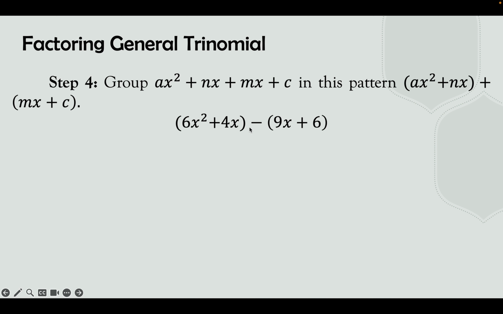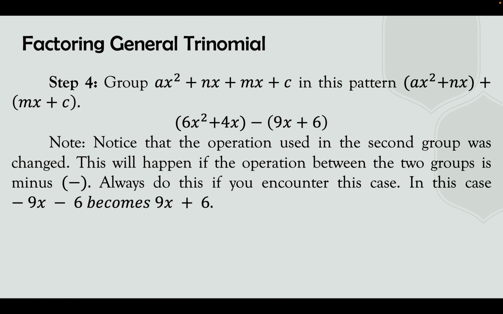Next, step number 4, we need to group ax squared plus nx plus mx plus c in the pattern ax squared plus nx, plus mx plus c. So we have here now 6x squared plus 4x, minus 9x plus 6. Notice that the operation we used in the second group was changed.